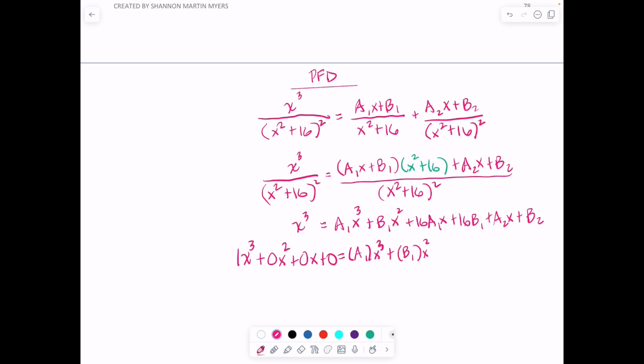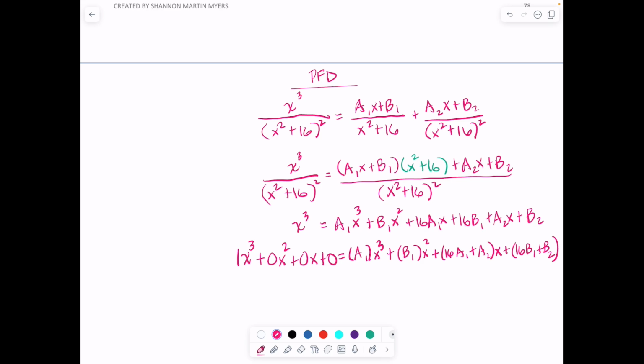And then let's see, I have two terms with x's, so that would be 16a1 plus a2 times x. And then for my constants, I have 16b1 plus b2.